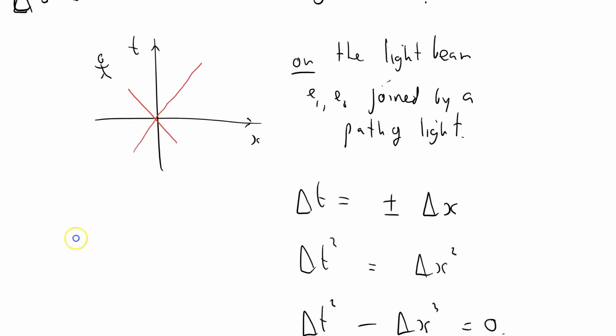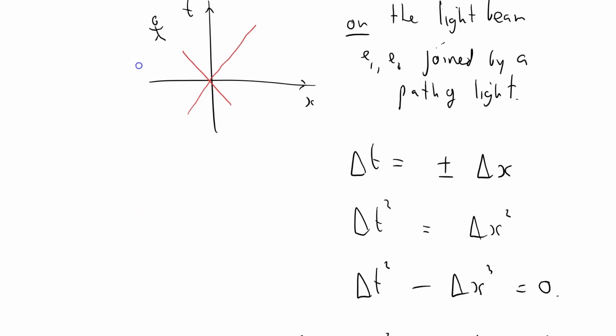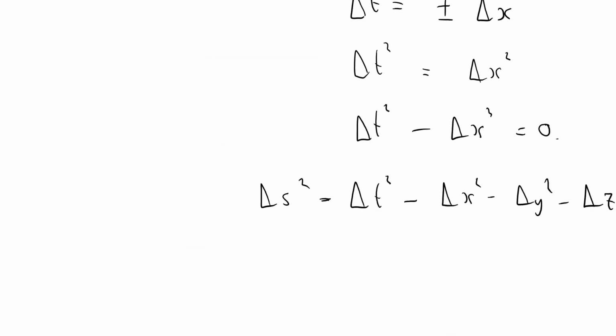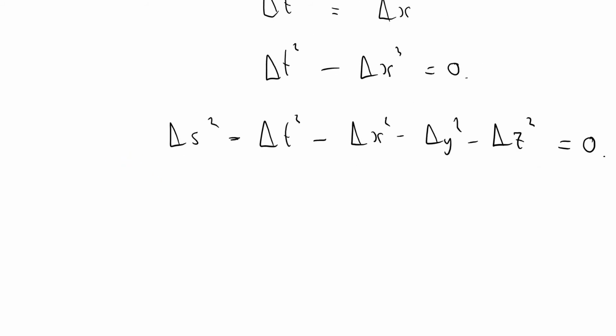I'm just defining that as the interval. I could define lots of things, but the reason this is interesting is that it is invariant. The interval delta s squared is the same for all observers. So what does that mean?